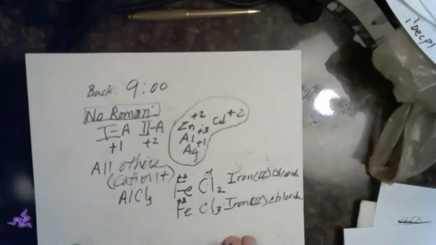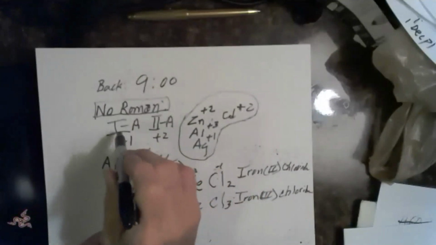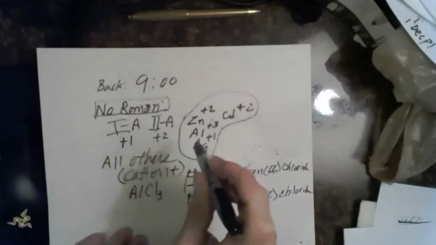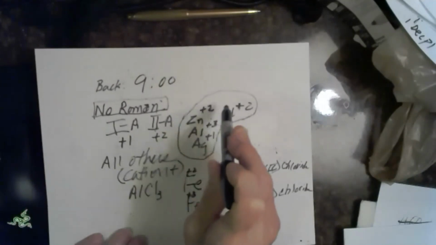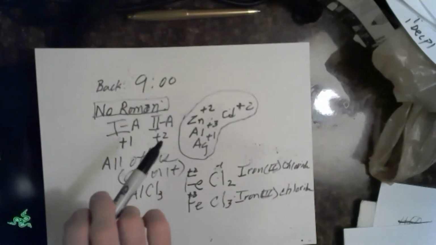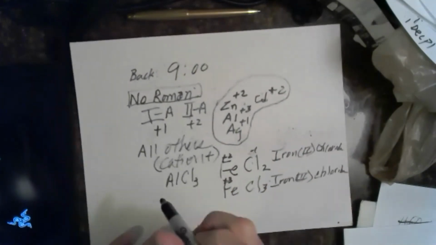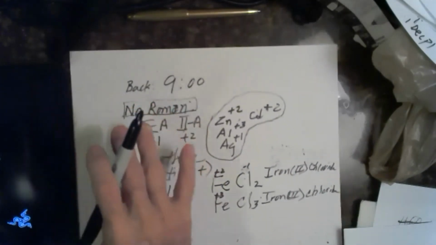So any other than this family and this 1, 2, 3, 4 other elements don't need a Roman numeral. Everything else does. Okay? And then you said the prefixes are only used on the nonmetals?